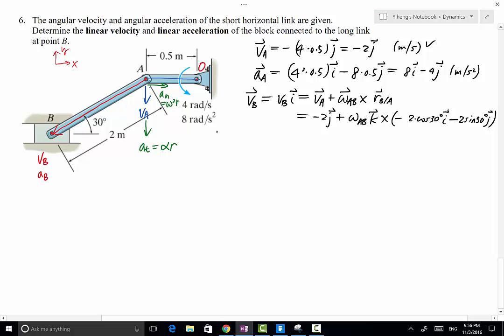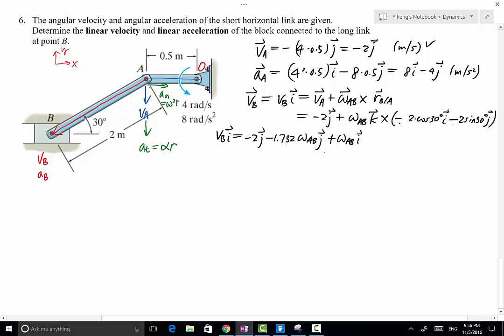Therefore, let me move it over here, VB I equals, after we have evaluated everything, negative 2J minus 1.732 omega AB J plus omega AB I. Because k cross I equals positive J, but we also have a negative sign here; k cross J equals negative I, but we have another negative here, so the negatives cancel out.